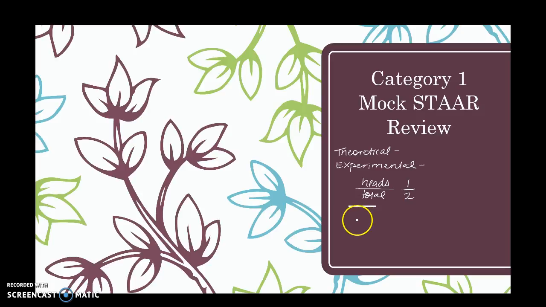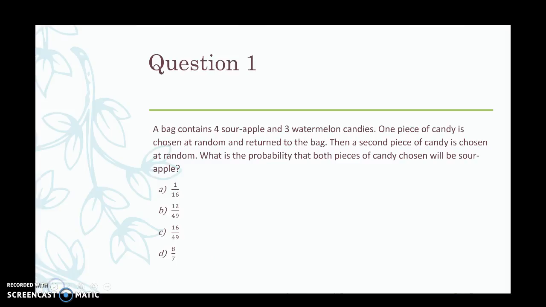Or maybe the probability of even numbers on a fair number cube over a total. Even numbers would be 2, 4, or 6, so there's 3 options out of 6. That would be 1/2 as well. So let's go ahead and get started.